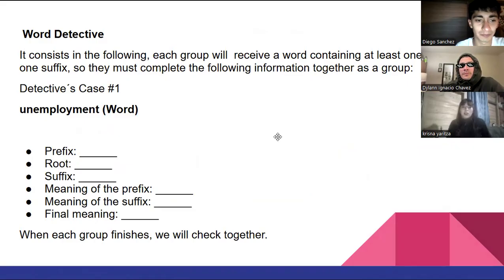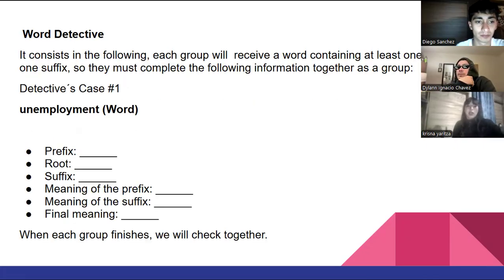Well, Word Detective is a card activity in which, first, each group receives a word containing at least one prefix or suffix or root, and then they must complete the following information together as a group, and finally we are going to talk about the answers aloud.